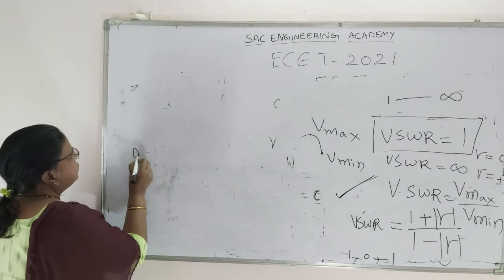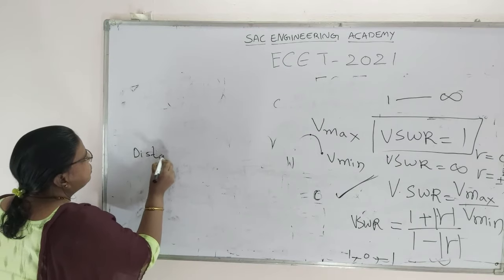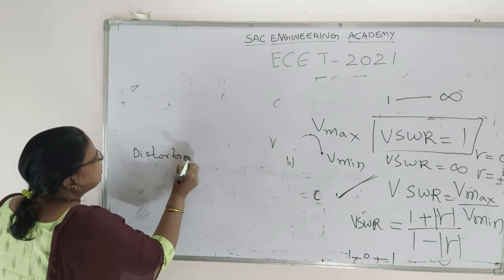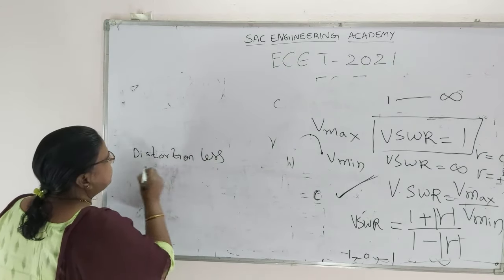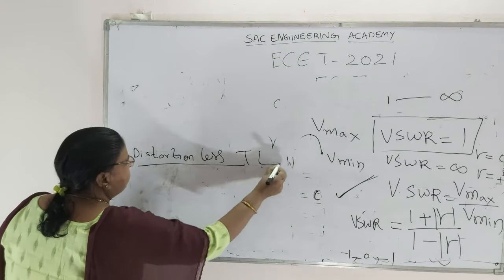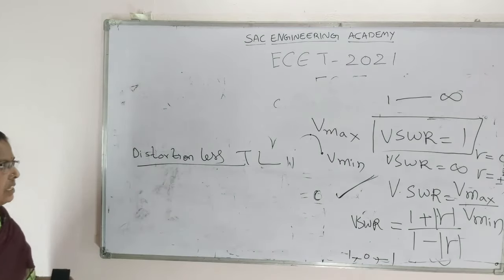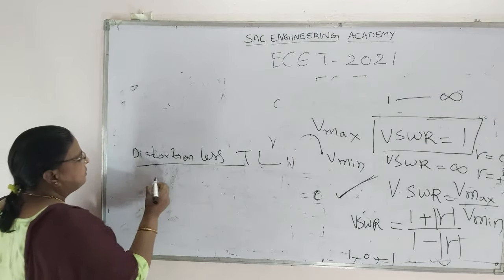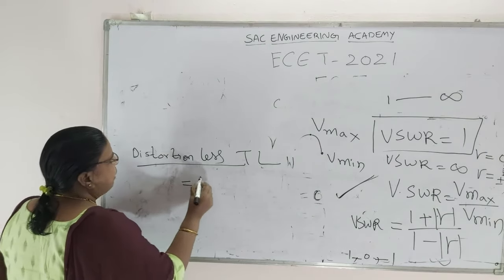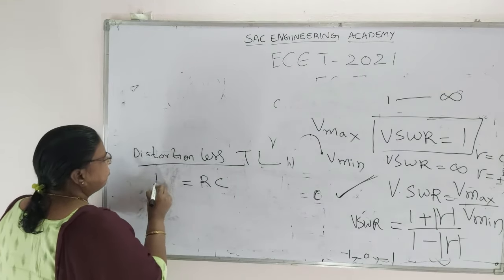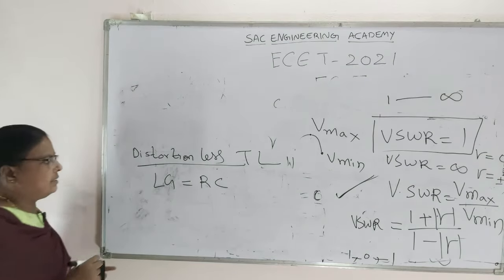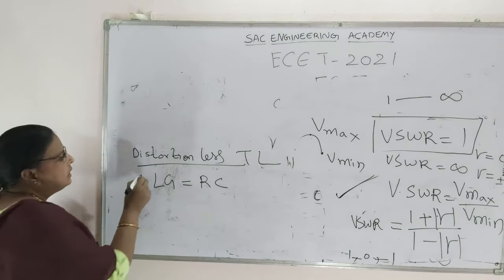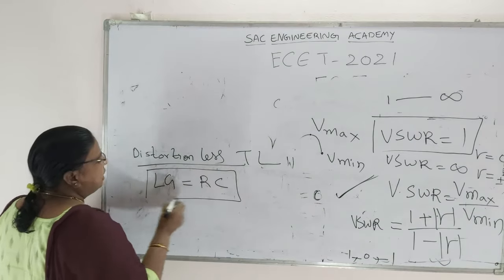For a distortionless transmission line, what is the condition? LG is equal to RC. This is the condition for the distortionless transmission line.